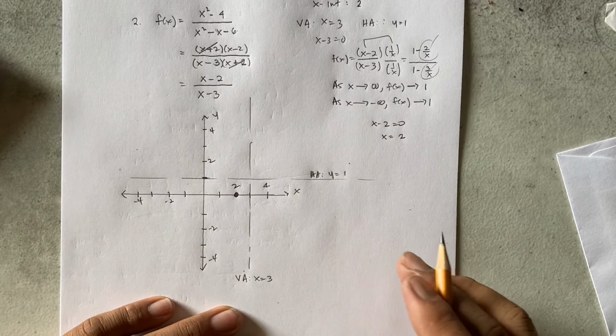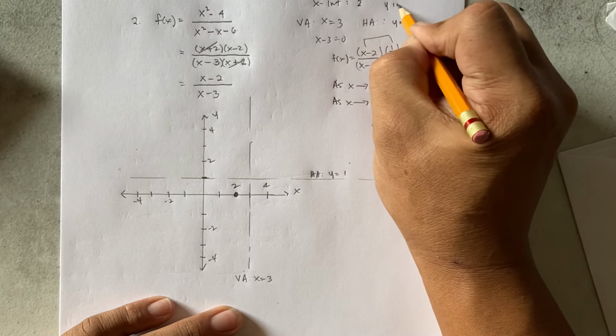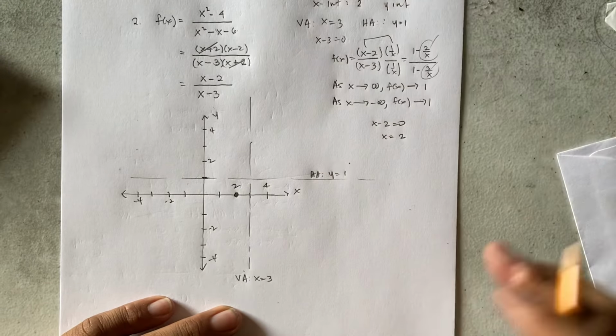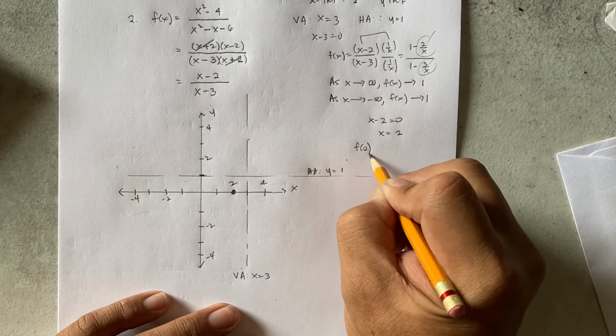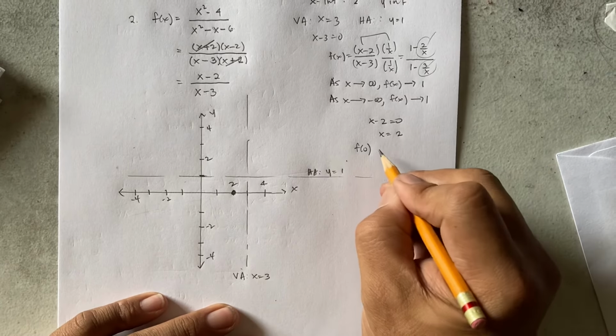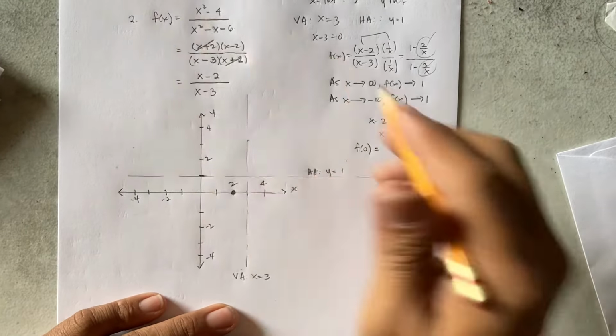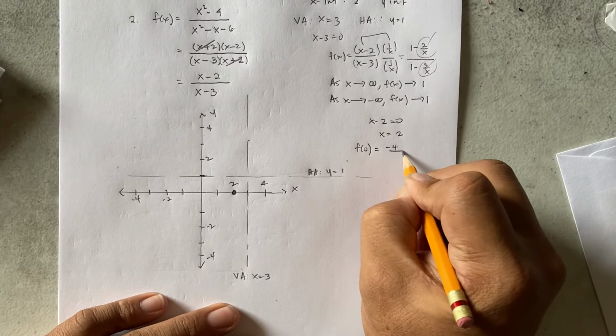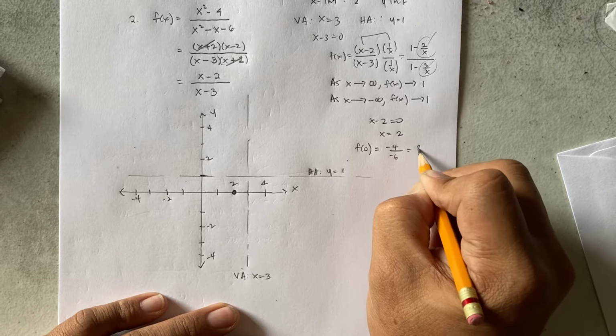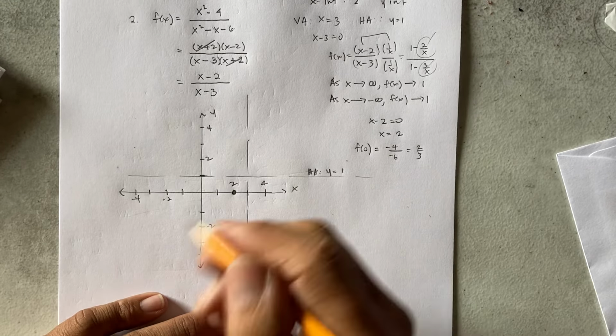Okay, let's look at the y-intercept. I'm going to put the y-intercept here. And what happens to the y-intercept when x is equal to 0? So f of 0 equals, putting them in the original, negative 4 over negative 6, and it's 2/3.